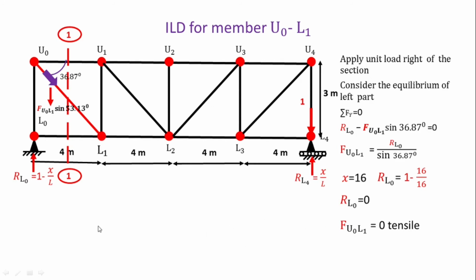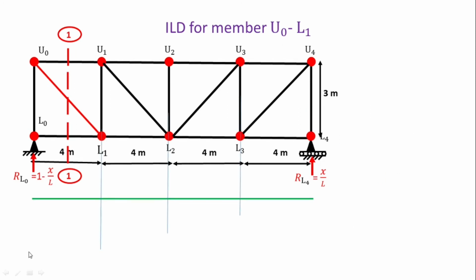So here we got all the ordinates of this ILD when this load is at L0, then L1, then L2, then L3 and L4. Now we plot the ILD for this member U0L1. So draw the horizontal line equal to the length of the truss.